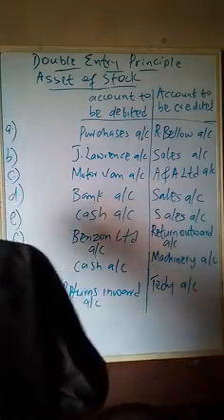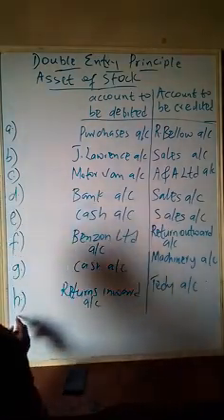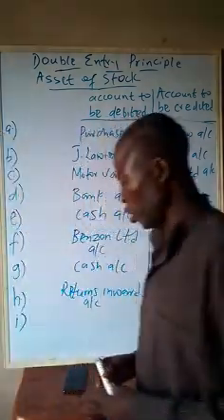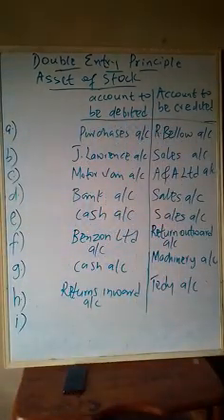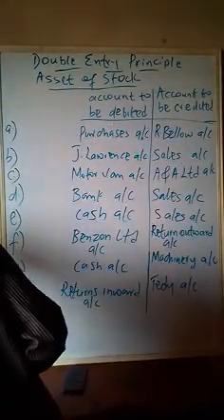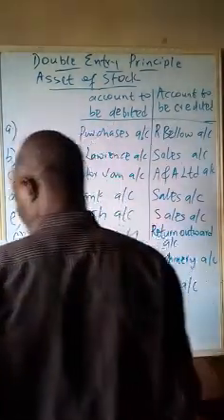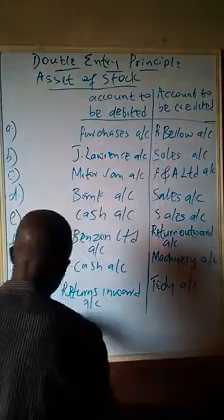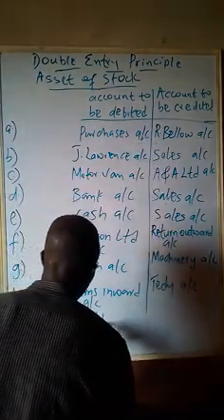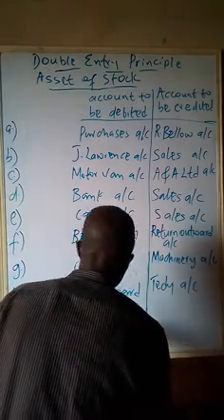Then I, this is I now. I says pay Tox Limited for goods bought on credit. That is, we pay Tox Limited, so Tox Limited is receiving.